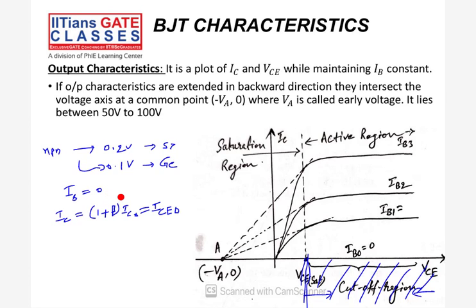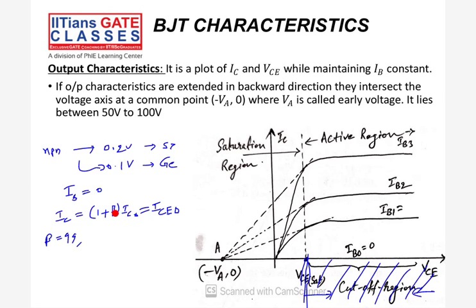So ICEO we can see here: for silicon transistor ICO is in nanoampere, so hundreds of nanoampere we can say for silicon. And for germanium, it is in microampere. So suppose we take beta as 99, IC will be in hundreds of microampere for germanium and hundreds of nanoampere for silicon.